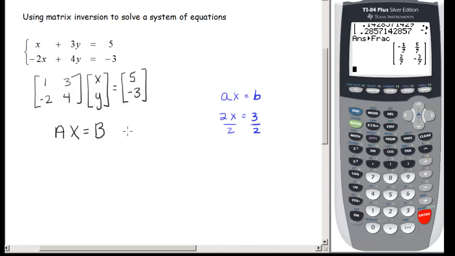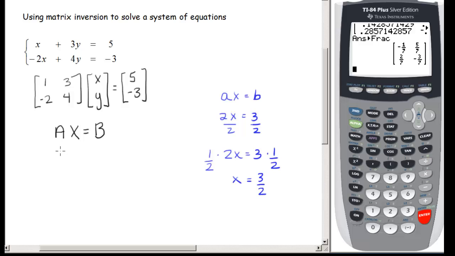But we don't have anything like division for matrices. We don't have a way to divide two matrices. However, we do have a similar idea that we've just been talking about. So remember that the multiplicative inverse of 2 is 1/2. So we could multiply by 1/2 on both sides and get x equals 3/2.